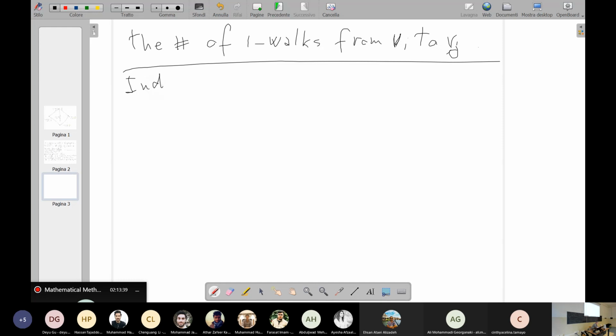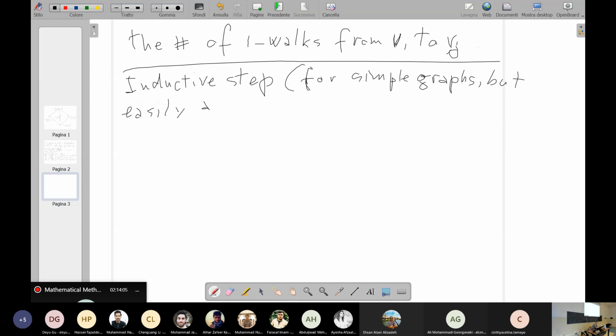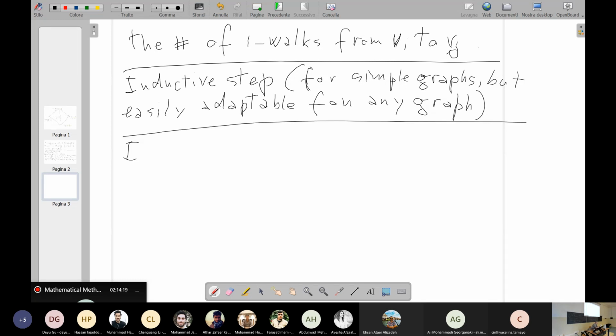Inductive step. And please, let me do it for simple graphs, but easily adaptable for any graph. Inductive hypothesis.